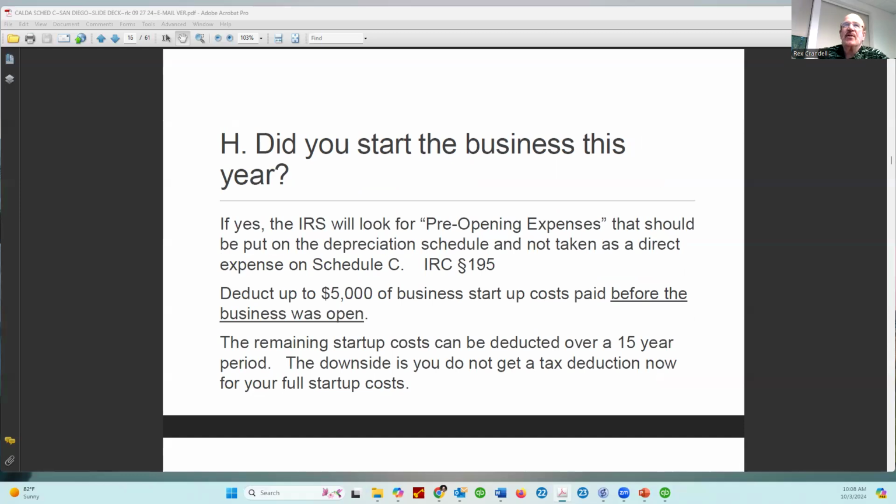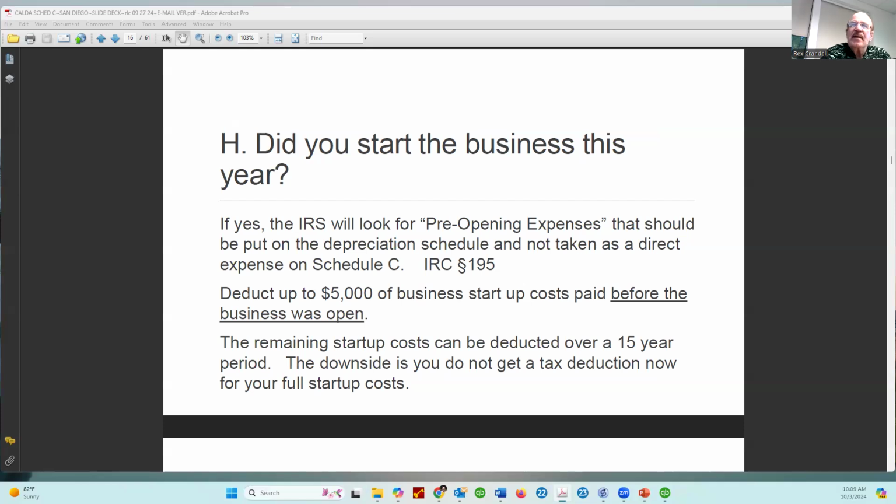The next question, on line H: did you start the business this year? If yes, the IRS will look for pre-opening expenses that should be put on the depreciation schedule and not taken as a direct expense this year under Internal Revenue Code section 195.